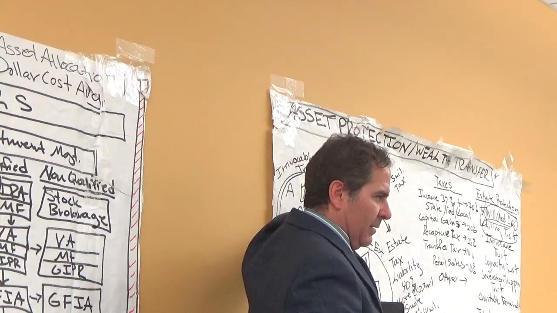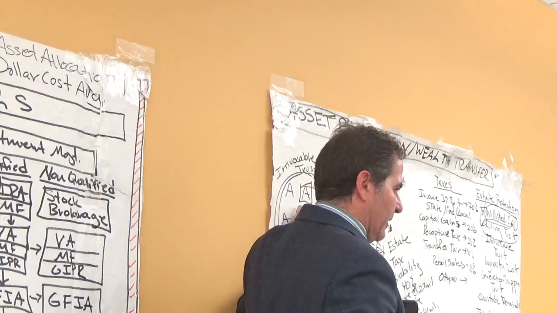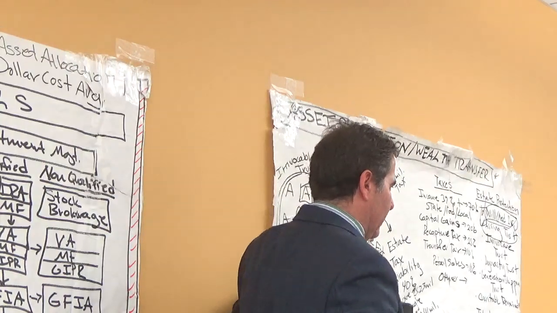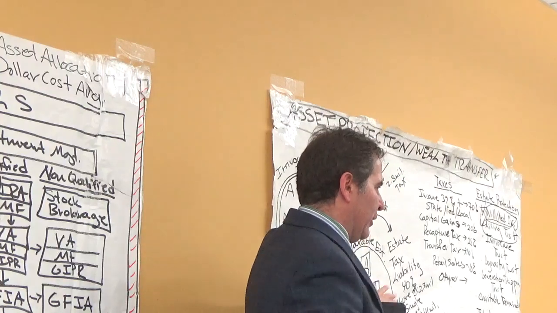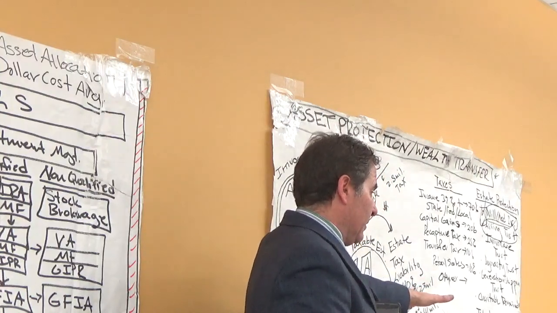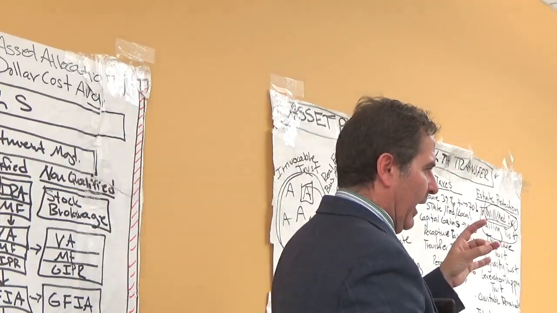Then the death benefit will extinguish the tax liabilities and the debt, personal debt, business debt, the real estate debt, so that all of the assets go to you, the heirs, at a stepped-up basis, zero tax, zero debt.